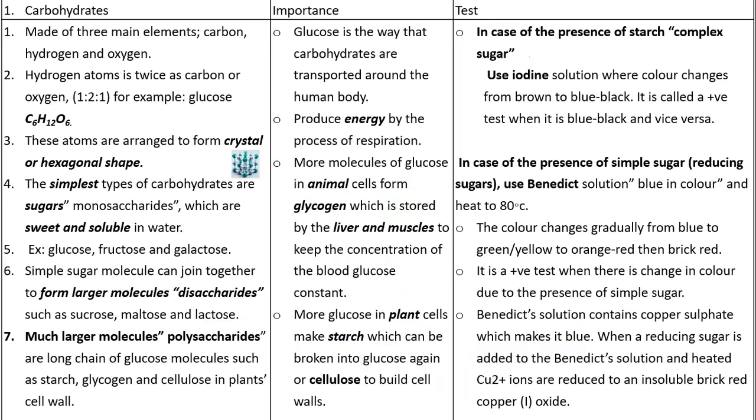So, carbohydrates are made of three main elements: carbon, hydrogen, oxygen, in the ratio of 1 to 2 to 1, which means that the amount of hydrogen is double the amount of carbon and also double the amount of oxygen.